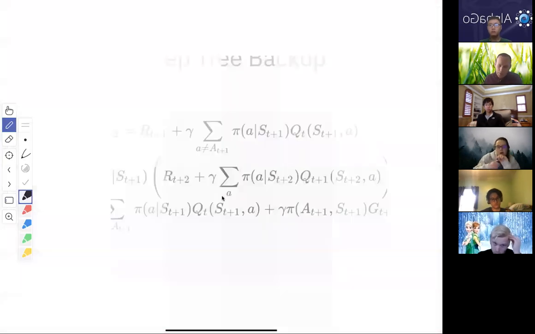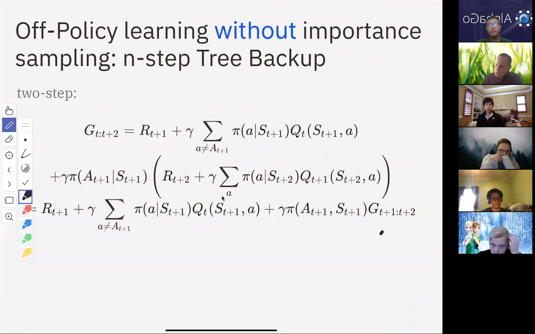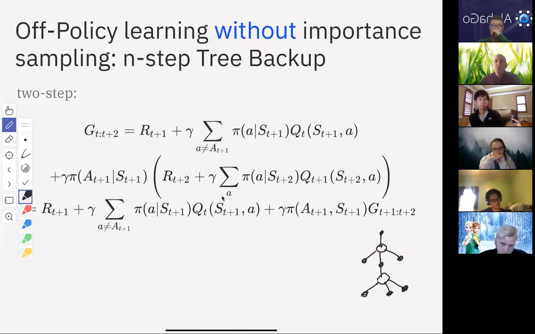So let's look at the 2-step. Right, the 2-step is this one where we go here. We have our state, we take an action. We have another state. However, what we're going to do is do a weighted sum at the first state too. So at that first step, we're going to take R t plus 1. So let's just find where R t plus 1 is here.